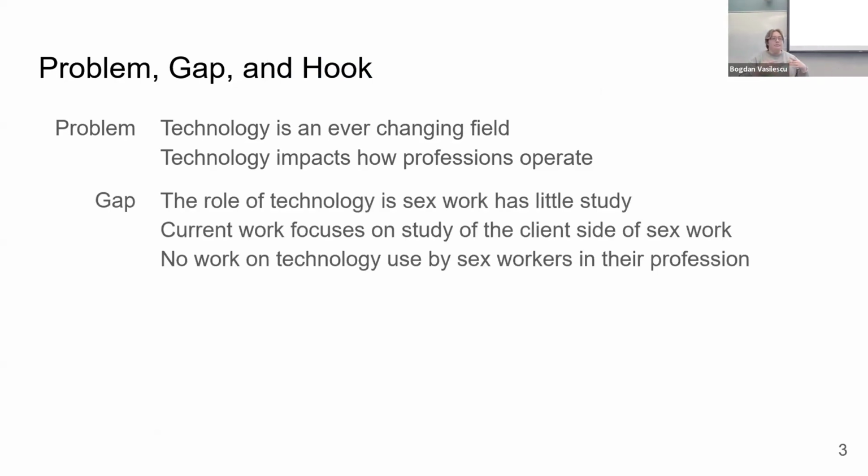However, the profession of sex work has had very little study, and most of the studies about technology and sex work have focused on the client side, like support networks for sex workers and those with porn addictions, porn websites, things like that. But the authors could find no prior work on how sex workers use technologies as part of their profession.